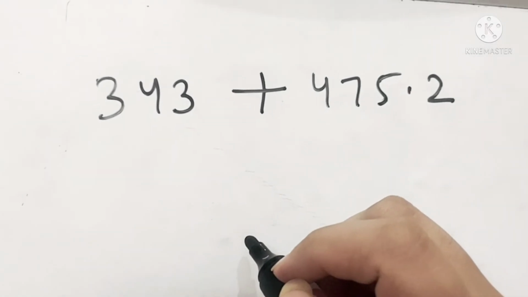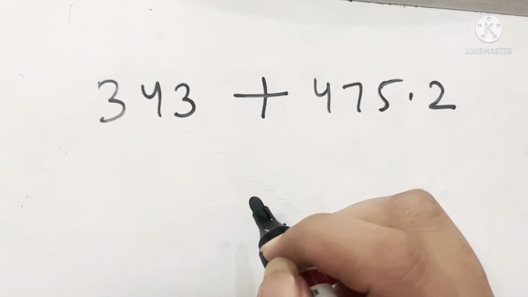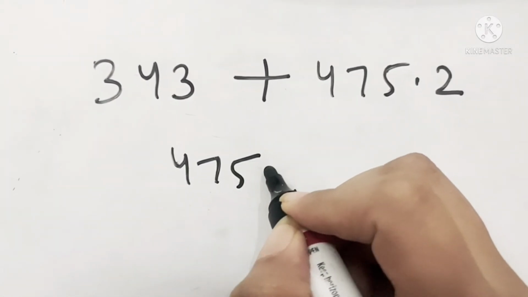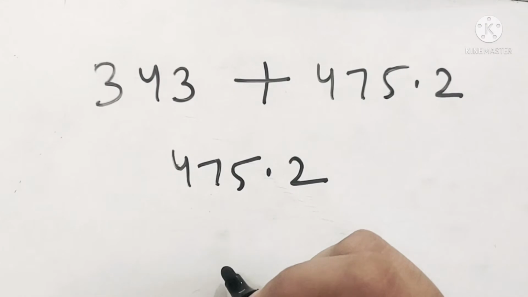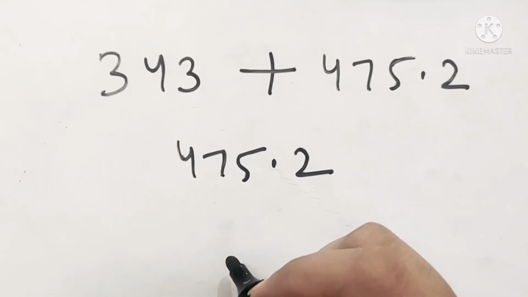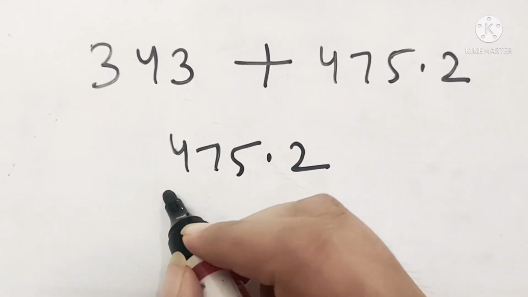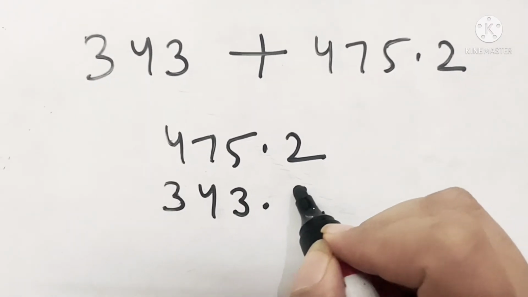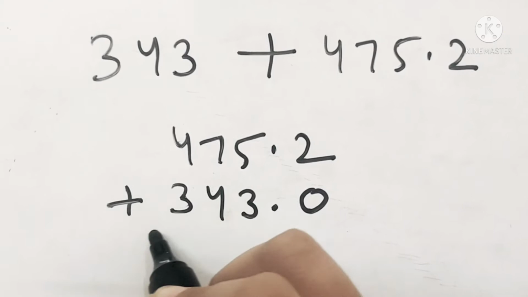Now in this case, to remove your confusion, you can write the decimal number first, which is 475.2, and the number which does not have any decimal, you always write before the decimal place, and after the decimal you write 0 wherever the place is empty.